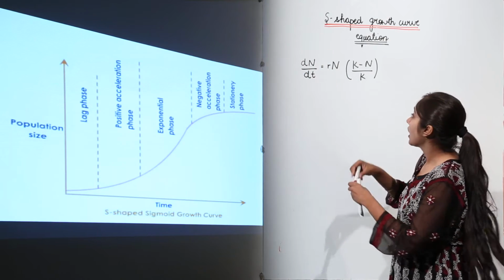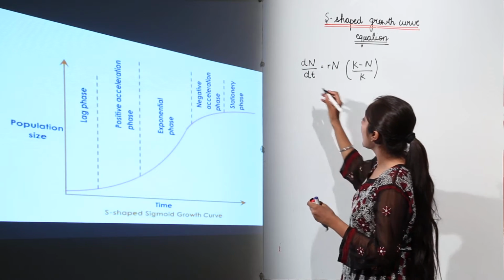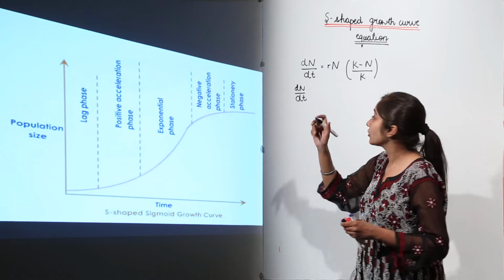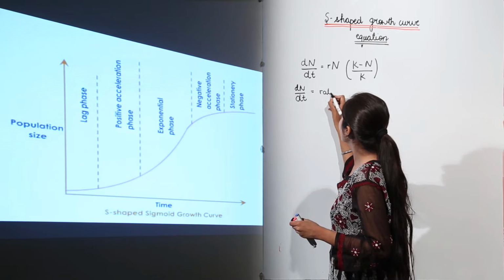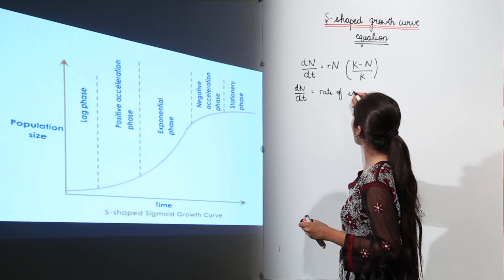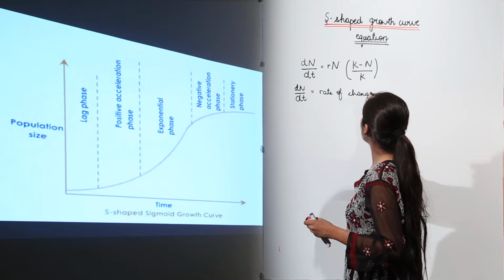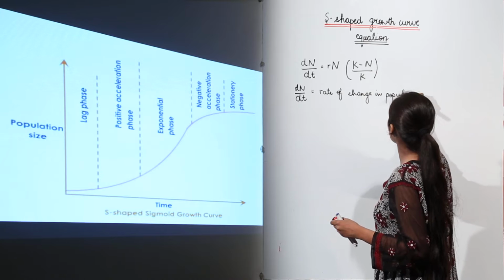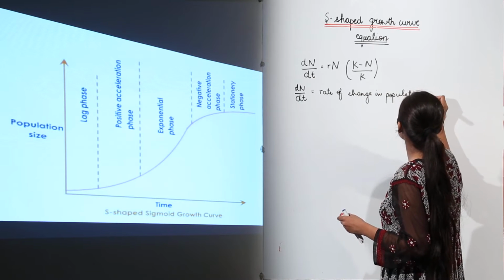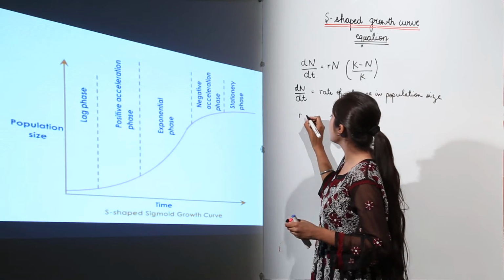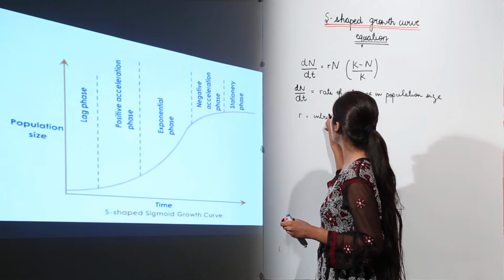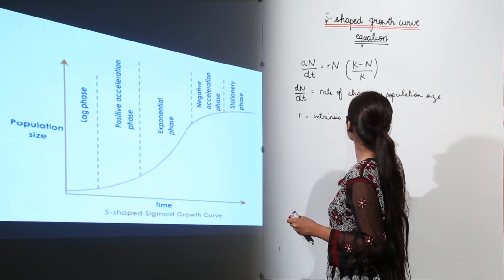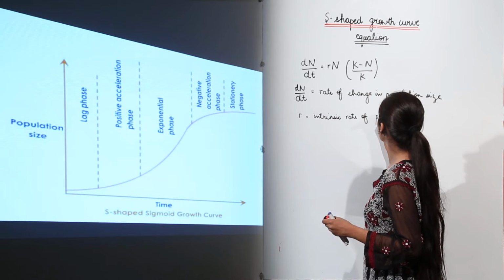Let us study. As we all know, dN/dt, which we studied earlier in the J-shaped growth curve also, is the rate of change in population size. And what is r? r is the intrinsic rate of population increase.